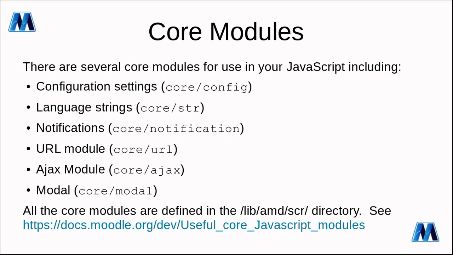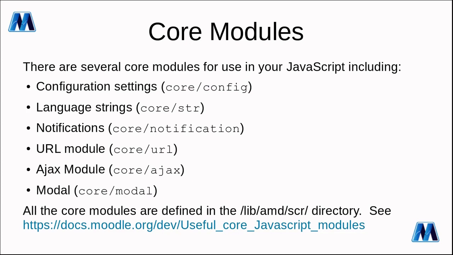So there are several core modules that are available to you to use in your JavaScript. So you've got core/config, so you can work with configuration settings, get config, set config stuff. Language strings, so you can use your language strings in your JavaScript.